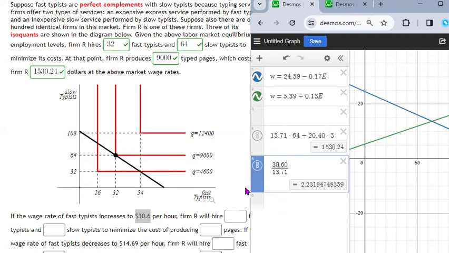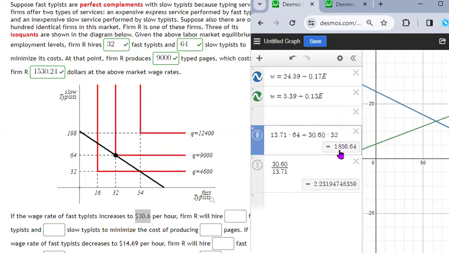Now, how much does that cost the firm? So all we have to do here is change fast typist wage to $30.60, right? And that's going to cost the firm $1,856.64, right?